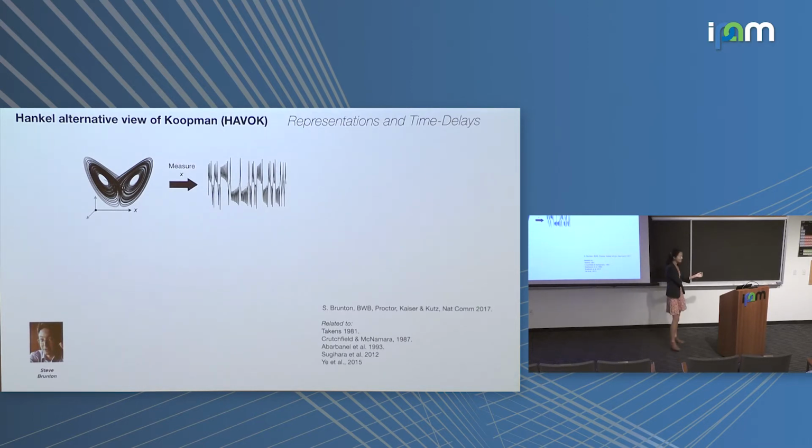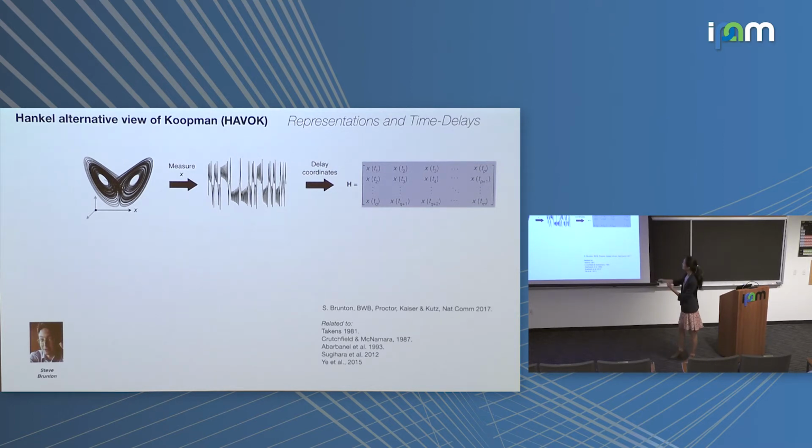And what we're going to do next is build time delay coordinates. We're going to do this by building a Hankel matrix. So instead of just having x as a time series, we're also going to stack it up with copies of itself delayed by 1 dt. And you can build this thing to be pretty tall if you wanted to, right?